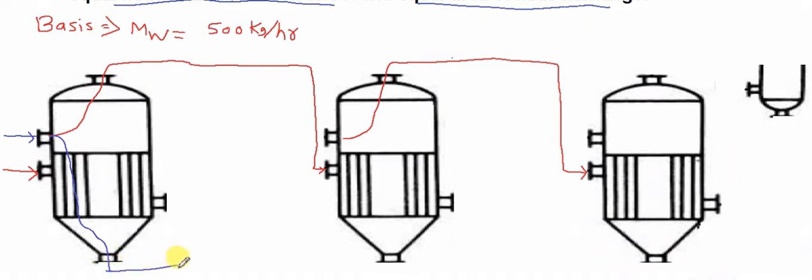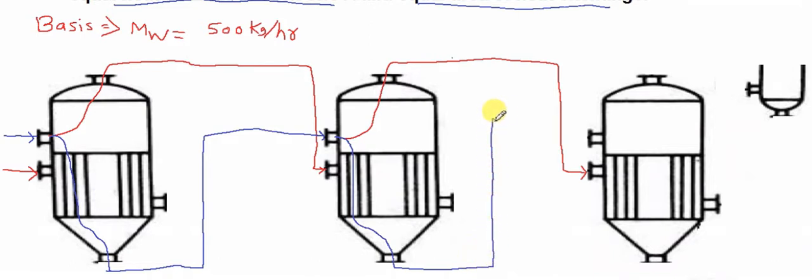Whatever output you get will be fed to the second effect. In second effect, what happens? Again heat transfer takes place here. You get thick liquor as outlet, and this thick liquor will be fed to the third effect.